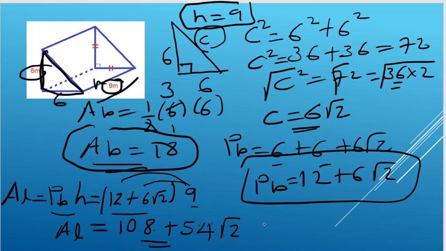Let us see the other one, the area total. The area total is the area lateral plus 2 times the area base. Okay, so area total is equal to area lateral plus 2 area bases.